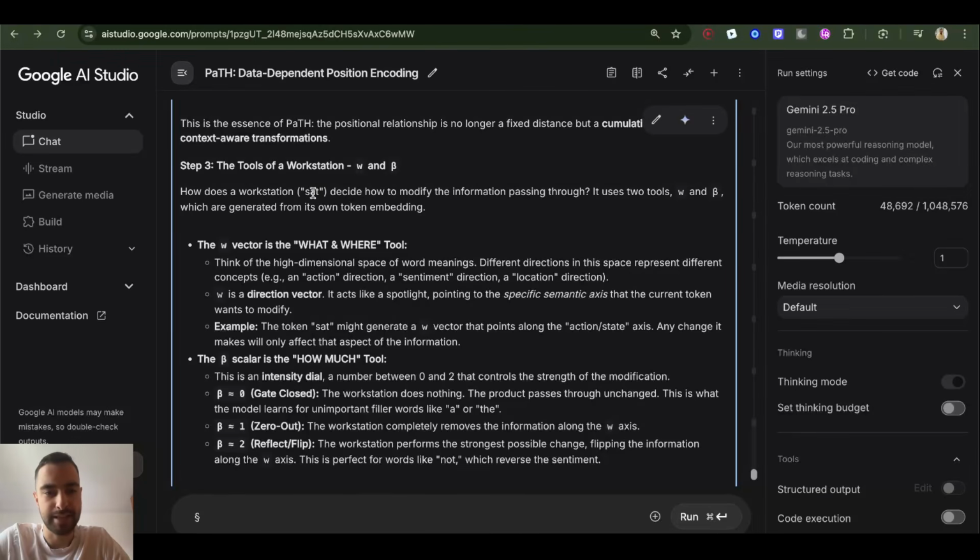Now, taking that token embedding of the word set, we will have some learned weights. Those learned weights are the same for every token, and they are learning to extract important dimensions, important features from every token embedding.